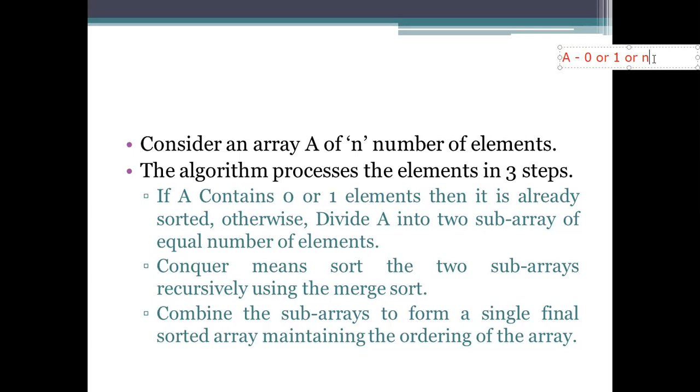How we are going to process this into sorted order is, we need to consider how many elements we are taking. Let us consider n is equal to 15. So A has 15 elements.